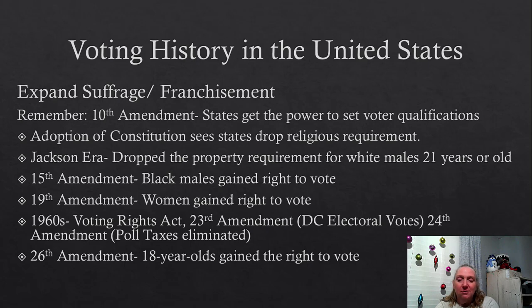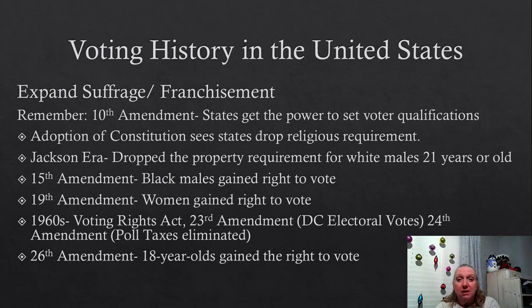All right, so let's talk voting history in the United States and how suffrage and enfranchisement, which is another term for voting, has expanded in the United States. Suffrage is also another term for the right to vote.